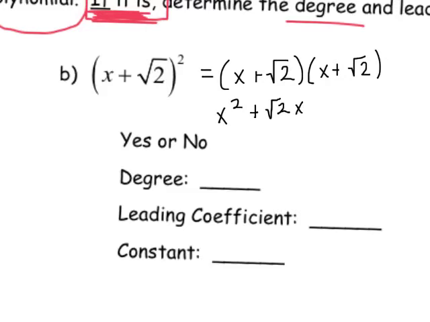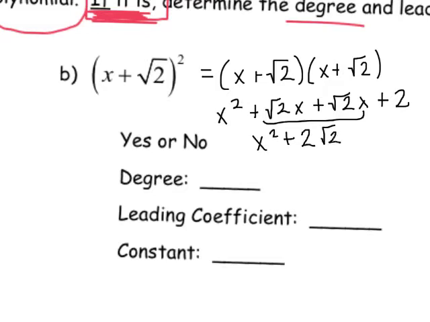And root 2 times x is another plus root 2x. And then root 2 times root 2, that's the square root of 4, which is regular 2. Okay, and then this makes 2 root 2's of x. So x squared plus 2 square root 2 of x, and then plus 2.